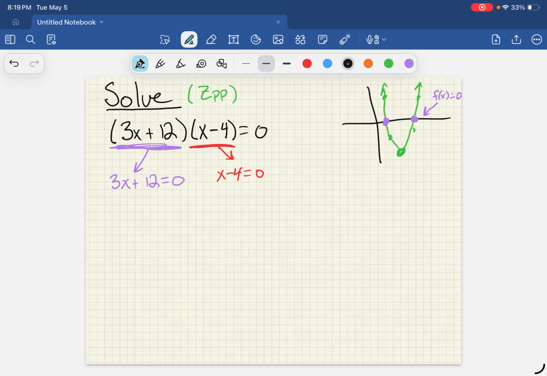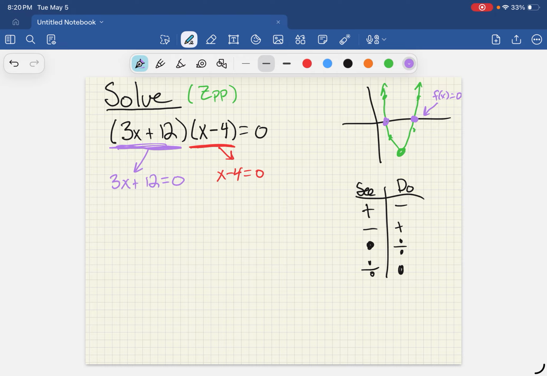Now, off to the side here, you are going to see me talk about our operations and their inverses. Just so that we're all on the same page, the inverse of addition is subtraction, the inverse of subtraction is addition, and multiplication and division are inverses. And what that means is I can use this opposite to start solving my equation.